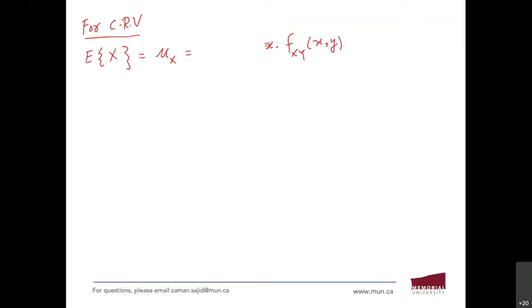Now here we need to be careful. We will have the integral values, and the first integral goes from minus infinity to infinity. The second integral goes again from minus infinity to infinity. Now this inner integral is for d of x and the outer one is for d of y.